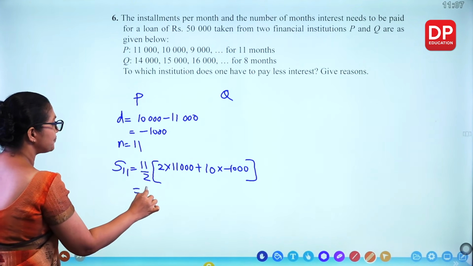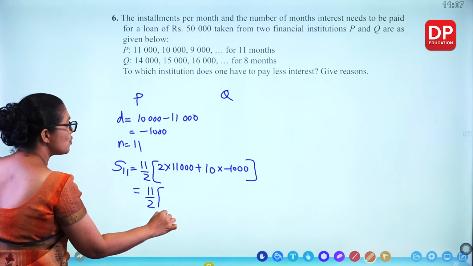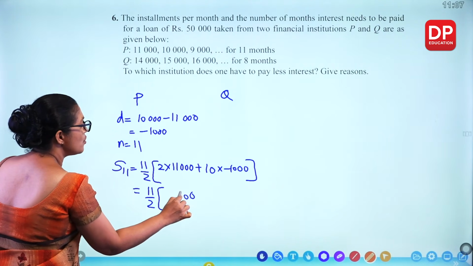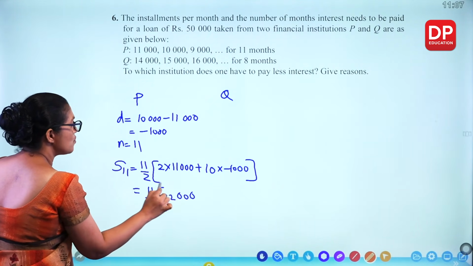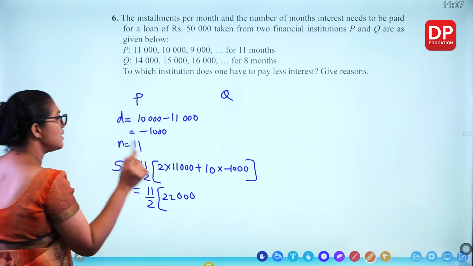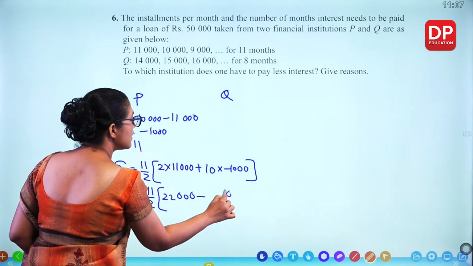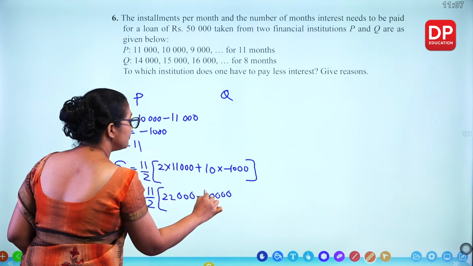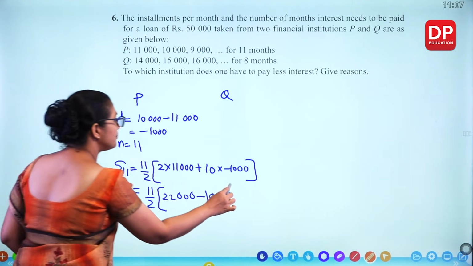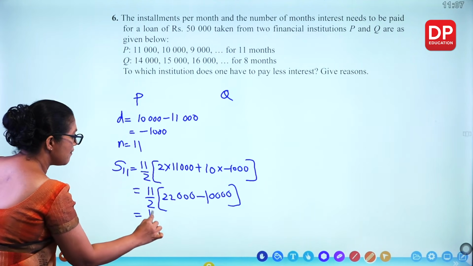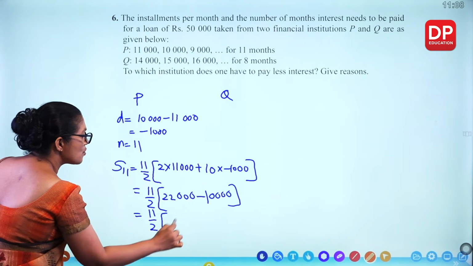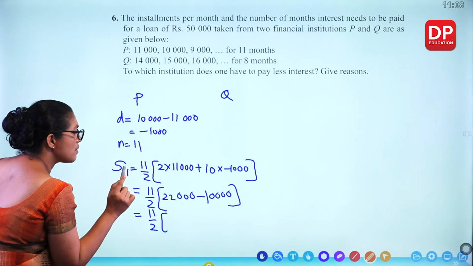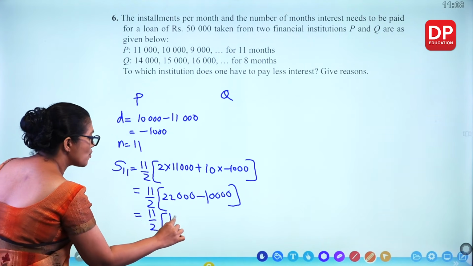What's the total? 11 over 2. You get 22 here. So 22,000 minus 10,000. So 11 over 2, 22,000 minus 10,000, you get 12,000.